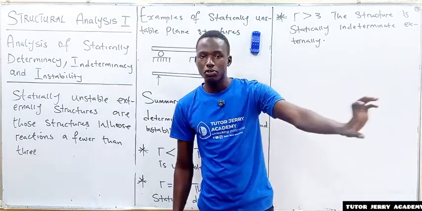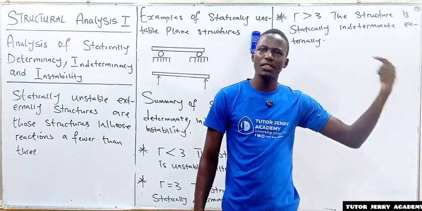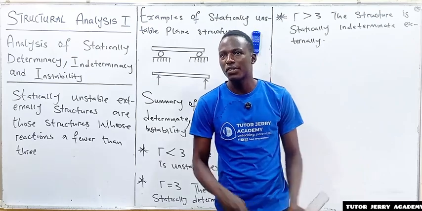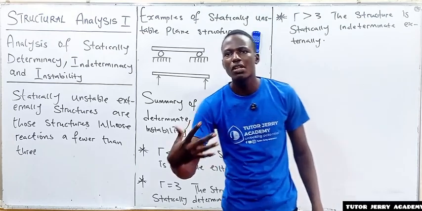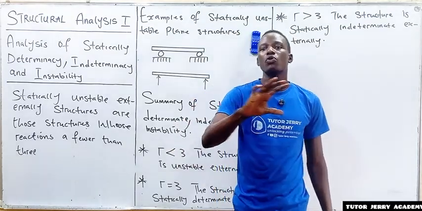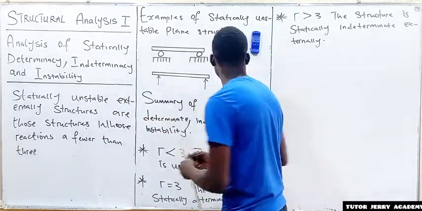Such structures are referred to as geometrically unstable externally structures. So take note of that. These are structures whose arrangements are unstable due to improper arrangement. So let's put that definition down.